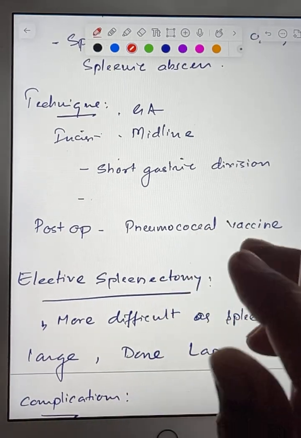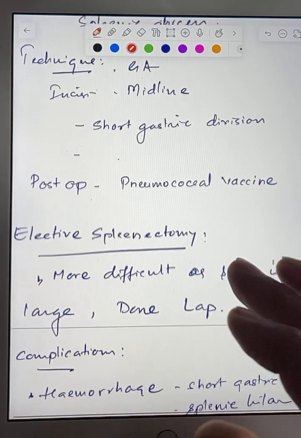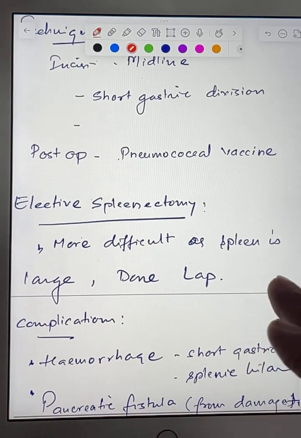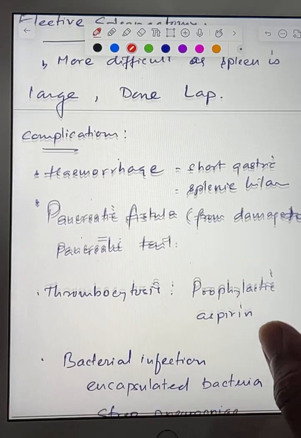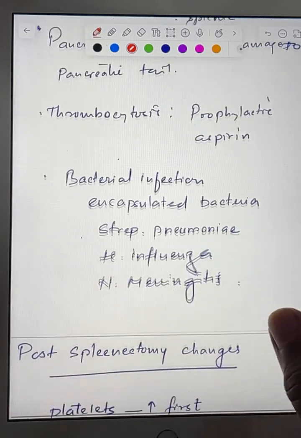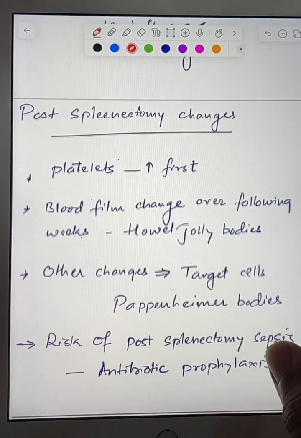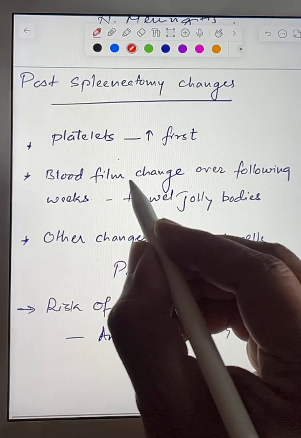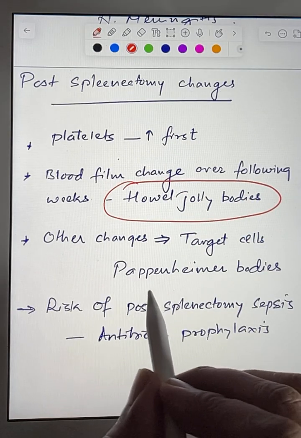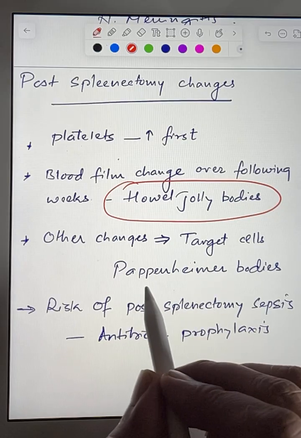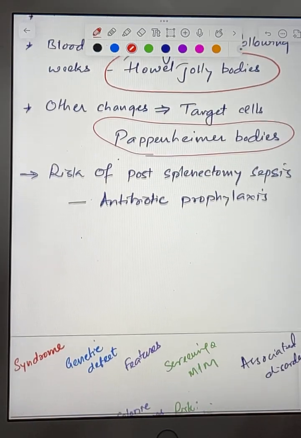To deliver the spleen, the splenorenal ligament has to be divided. Complications: pancreatic fistula, thrombocytopenia, bacterial infection from encapsulated organisms. Post-splenectomy, platelets increase; blood film changes include Howell-Jolly bodies, target cells and Pappenheimer bodies. Antibiotic prophylaxis and vaccine are given.